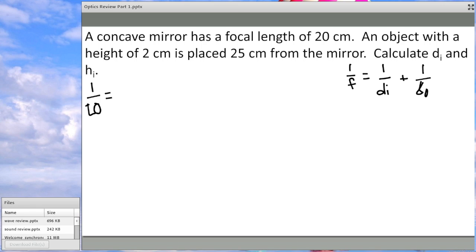So I'm going to do 1 over 20, and then 1 over DI plus 1 over 25. Okay, so now I'm going to break this into decimals. 1 divided by 20 is 0.05.